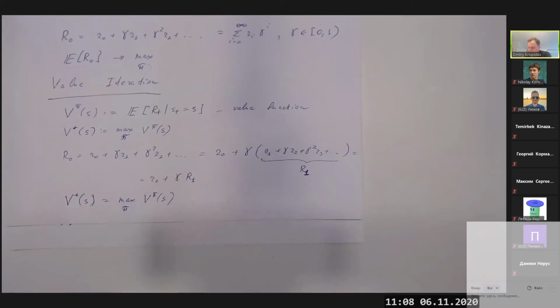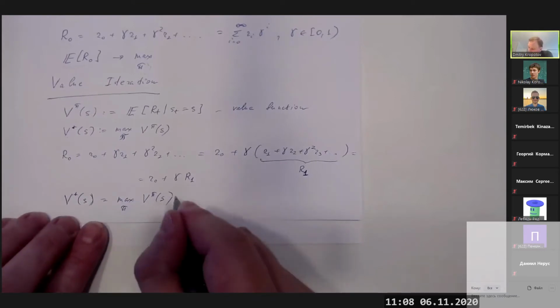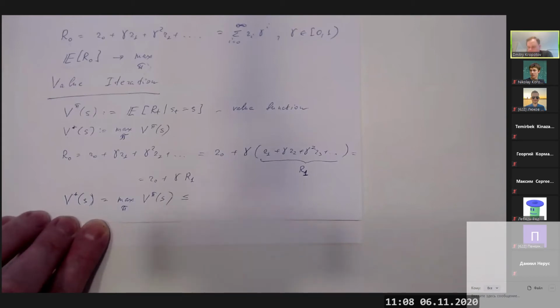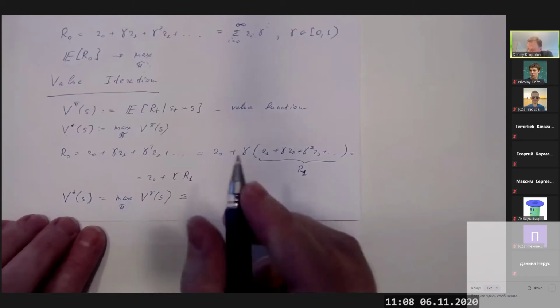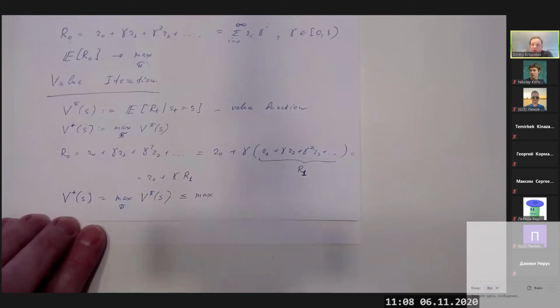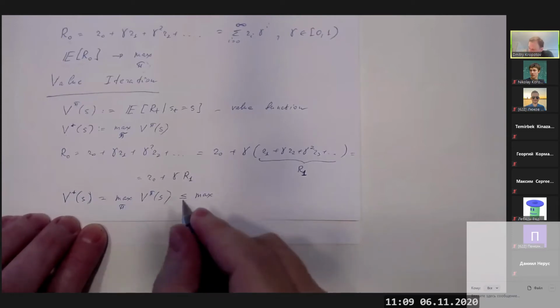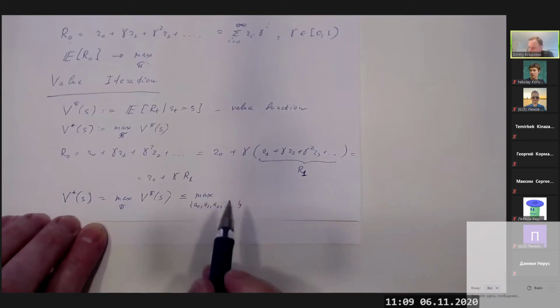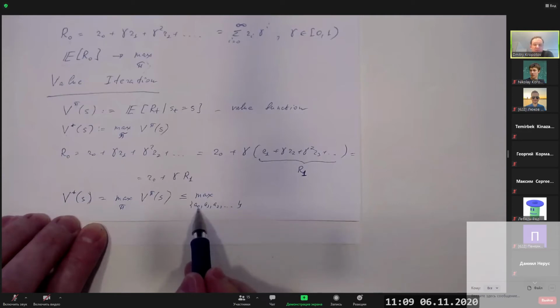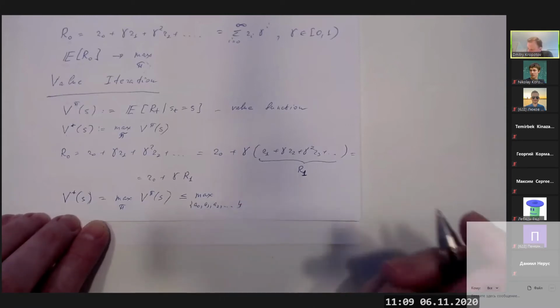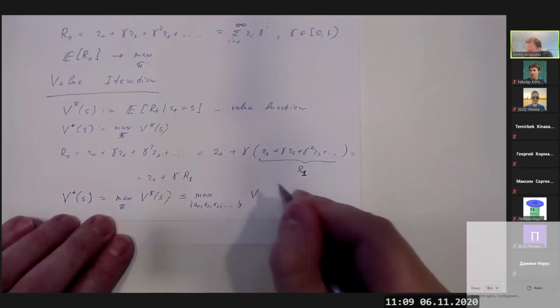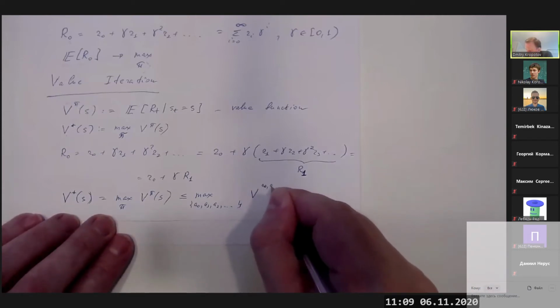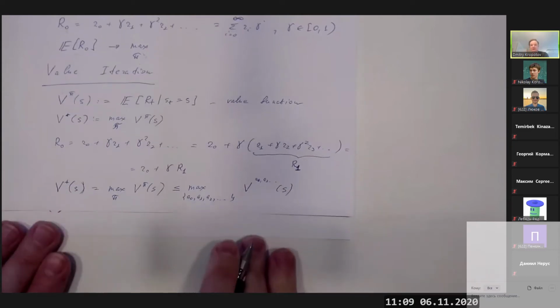So this is a maximization over deterministic functions. And we may say that this is less than or equal to a maximization over actions at each time moment, A0, A1, A2, etc. So here we consider the maximization over all possible actions that we may choose at each time moment independently of our V function, with these actions depending on S.